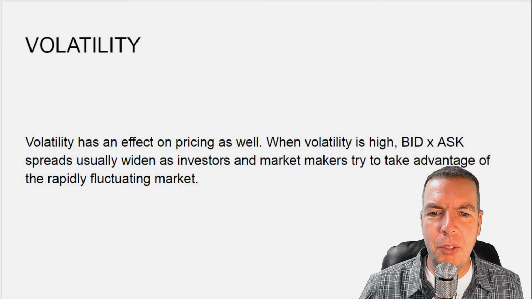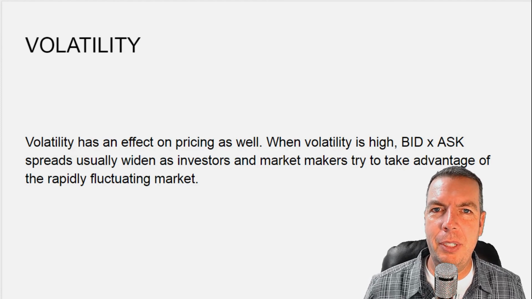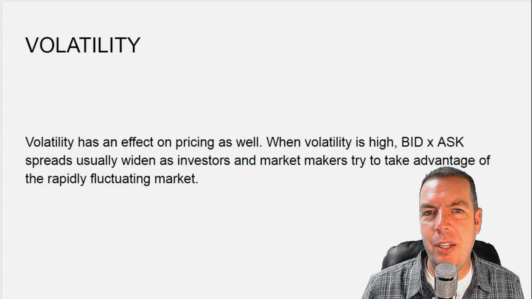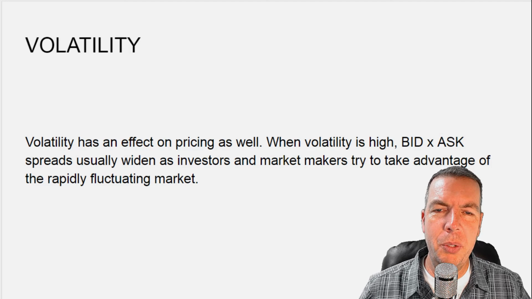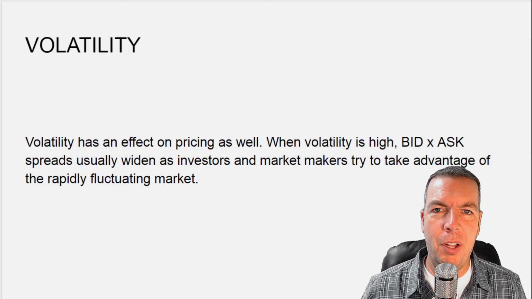So volatility also has an effect on market pricing as well. As the option volatility or the market volatility increases, the bid-ask spread on certain options or stocks is also going to increase as well. So usually investors and market makers are going to try to take advantage of volatile markets.